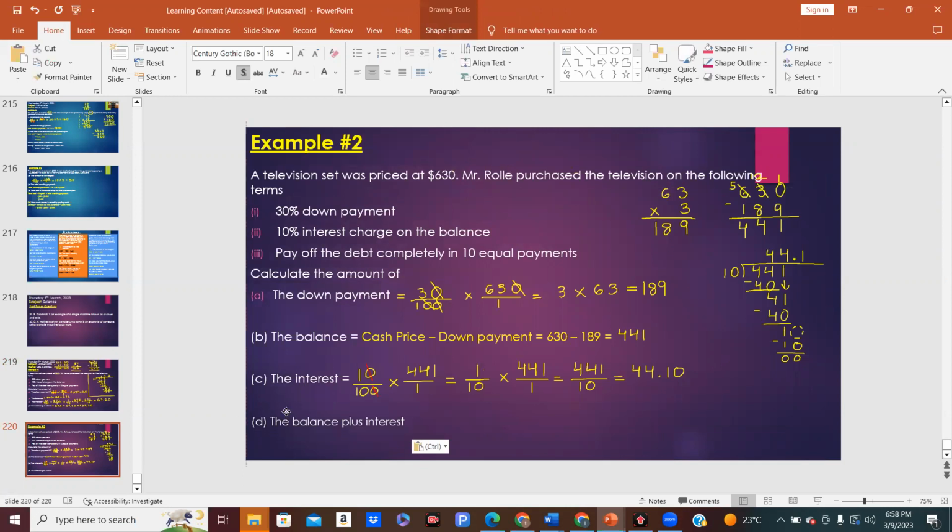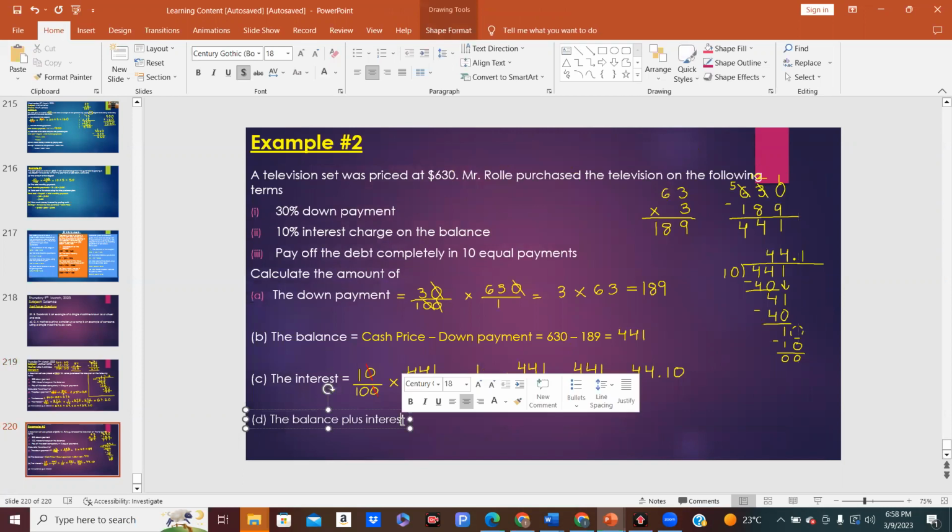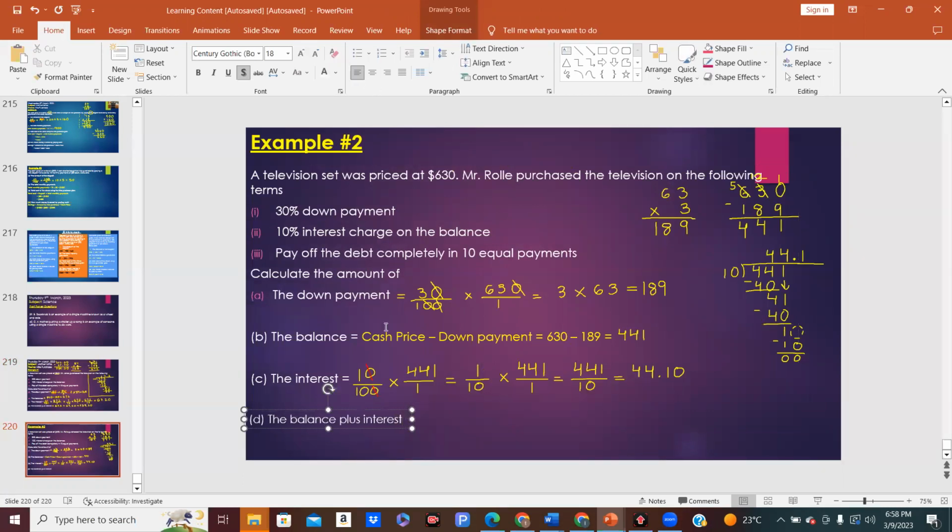So D says we want the balance plus the interest. So we're going to figure that out.